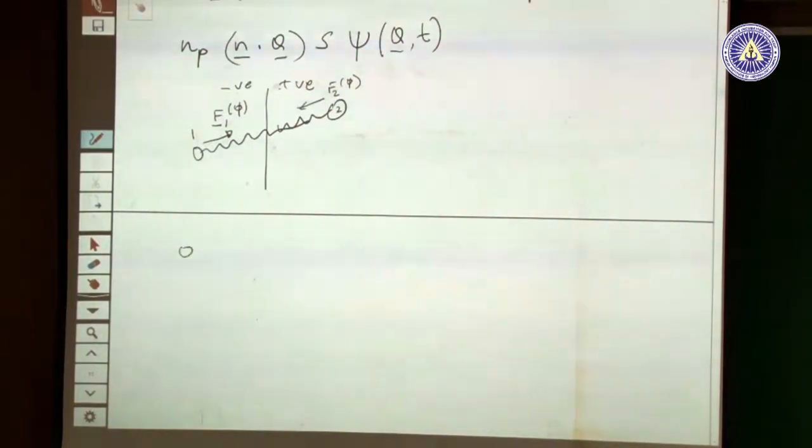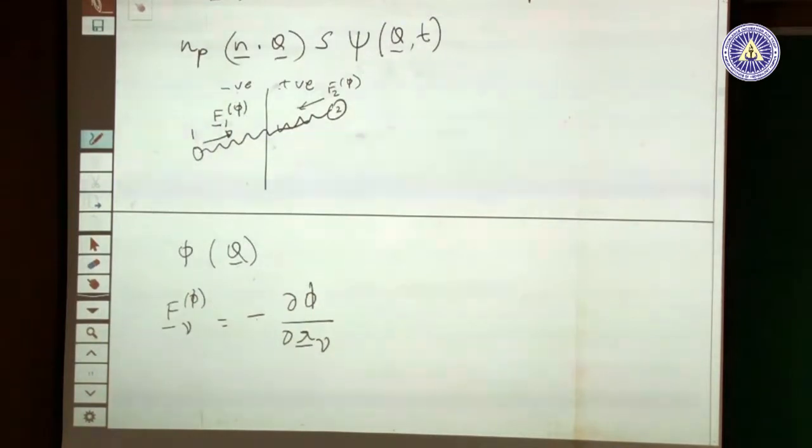If phi of q is the potential energy of the chain, we know that the force due to this potential is defined as minus del phi by del r nu, where nu is your bead index. So, F1 would be minus del phi by del r1, F2 would be minus del phi by del r2.